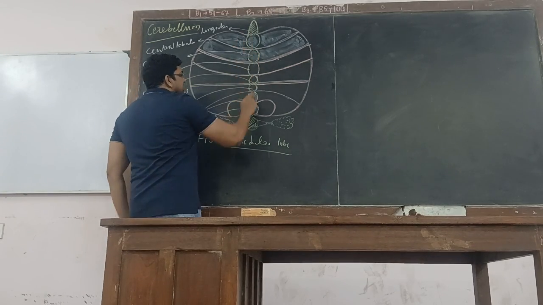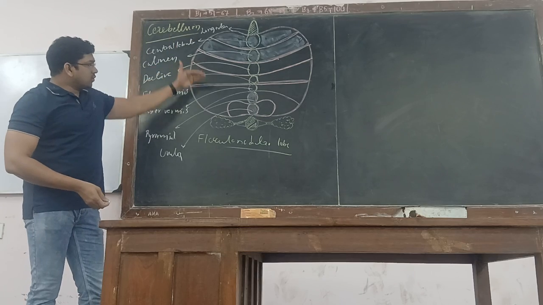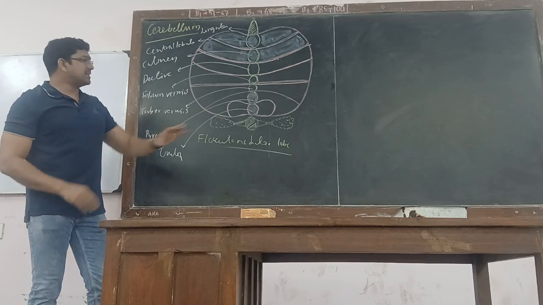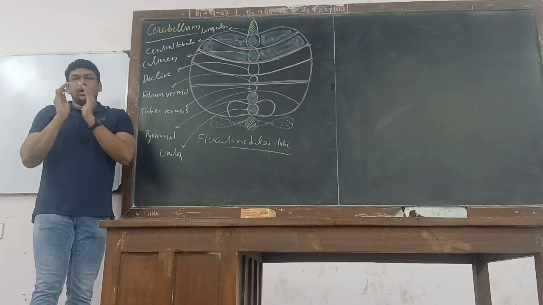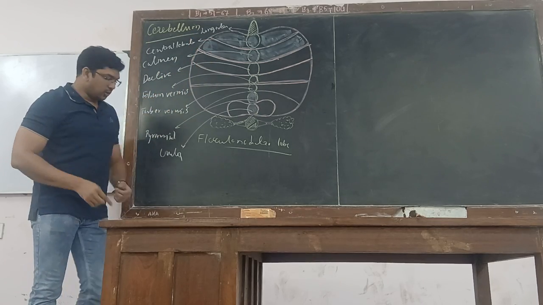So these things are connected to the lobules of the cerebellar hemispheres over here, and you are supposed to know the names of these lobules. If you consider each cerebellar hemisphere as a lobe, it will be divided into multiple lobules. So what are the lobules over here?